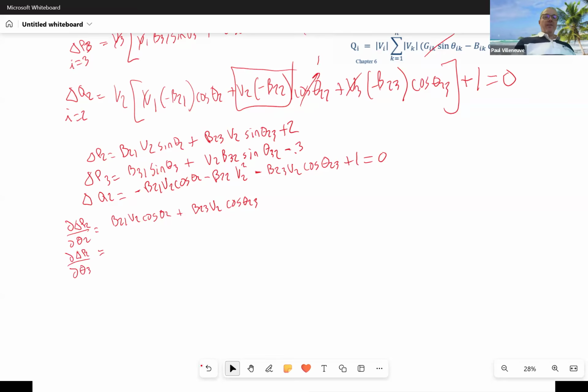There's no theta 3 in the first equation, so that goes away. There's a theta 3 in here, so that's minus B23, V2, cosine theta 2, 3. My last one, partial of delta P2 with respect to V2. This is really easy. The V2s just drop out. V21 sine theta 2 plus B23 sine theta 2, 3. Any questions on how I got those 3 partial derivatives?